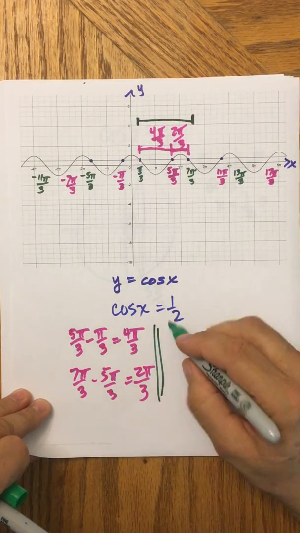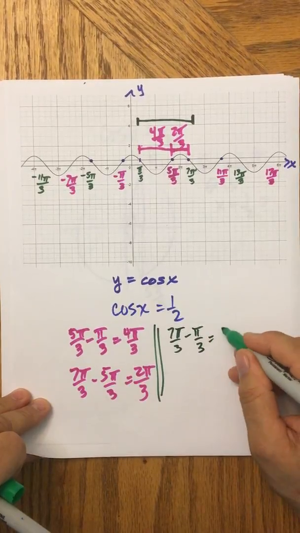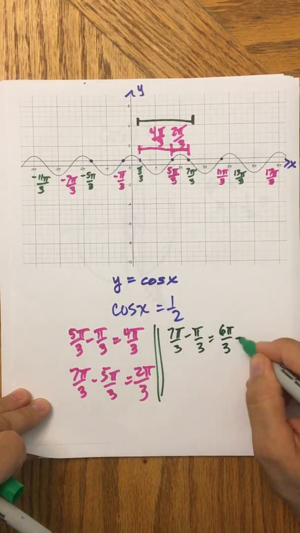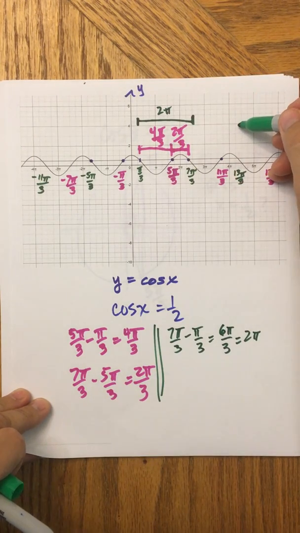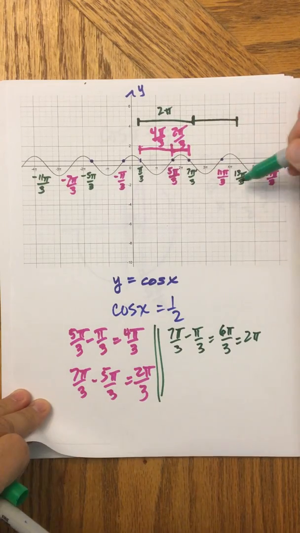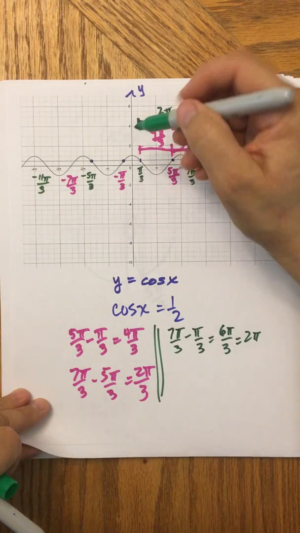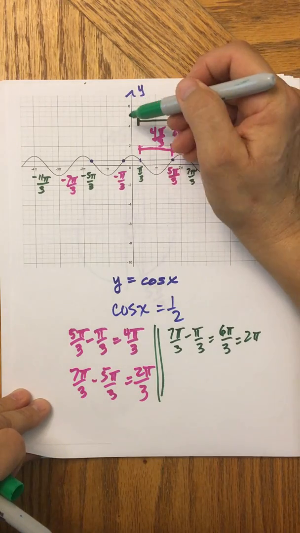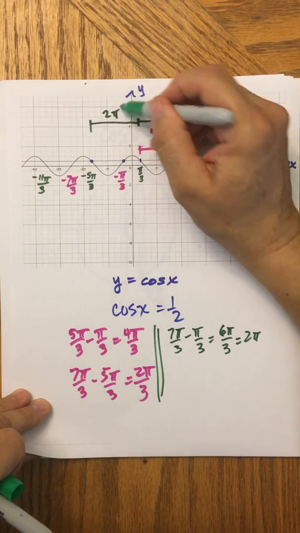Well, let's check. 7 pi over 3 minus pi over 3 is 6 pi over 3, or 2 pi. So this is 2 pi apart. And then this one and this one here at 13, so 13 minus 7 is 6. 6 pi over 3 is 2 pi. So this is going to work for this. And then you can go backwards here. This is going to be 2 pi also this way.